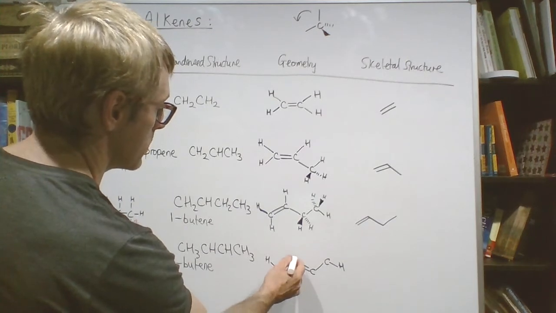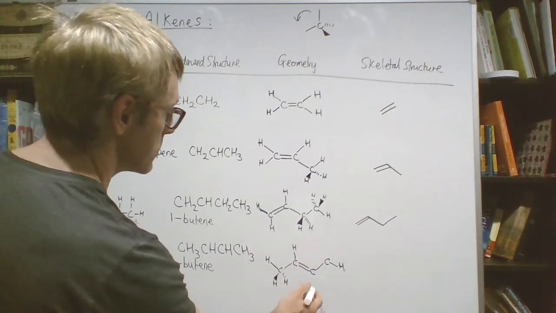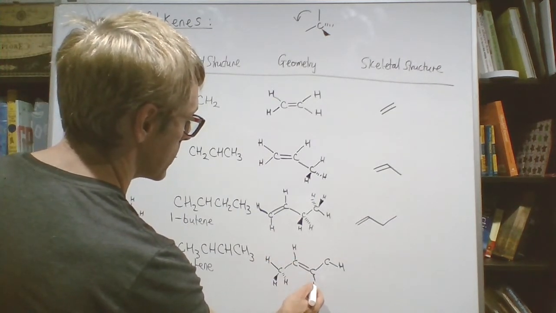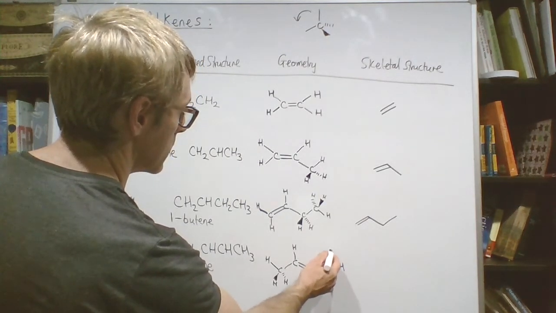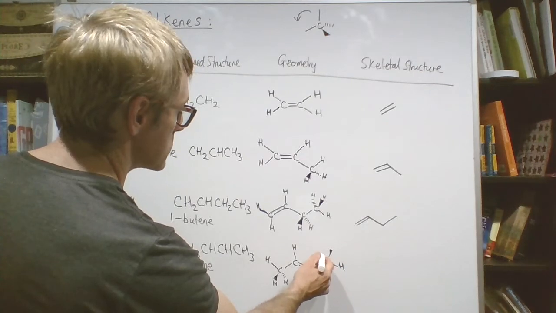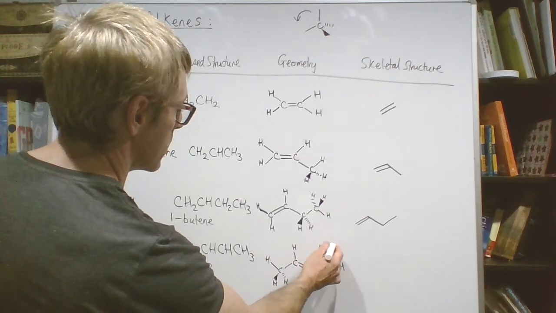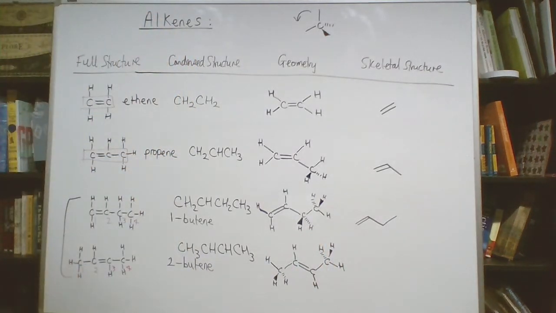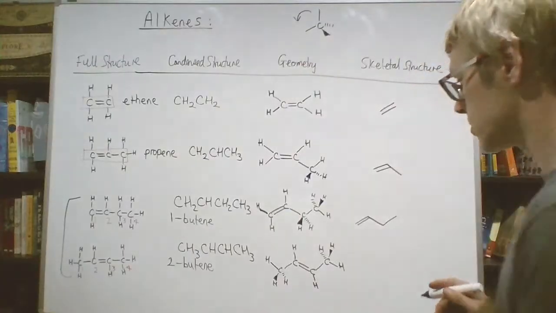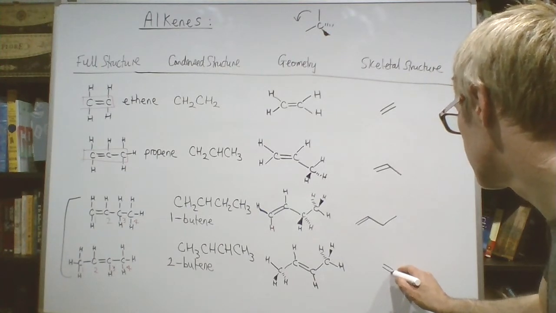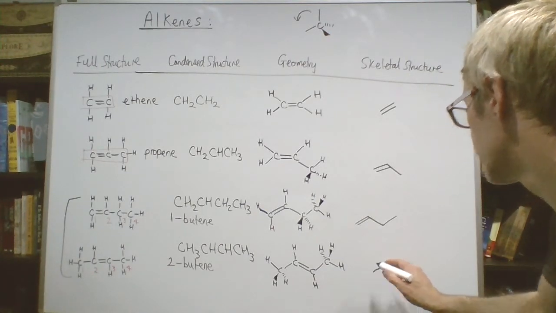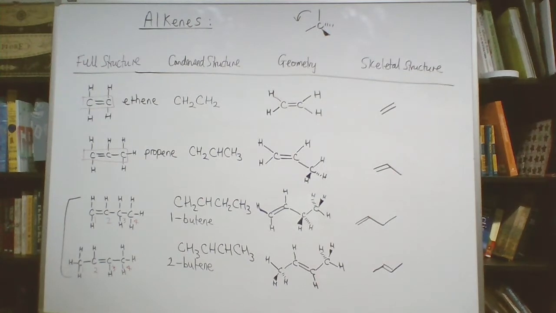And this carbon, I just have the 1 hydrogen. This carbon, the 1 hydrogen. This carbon, line, line, wedge, dash. For my 2-butene. And now if I did my skeletal structure, I have double bond that way, single bond that way, and single bond that way.